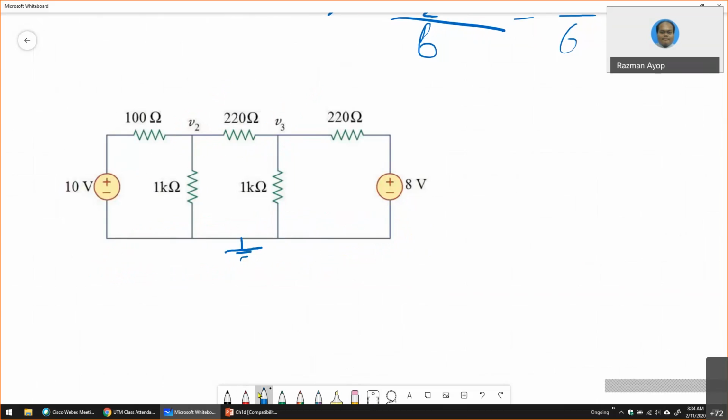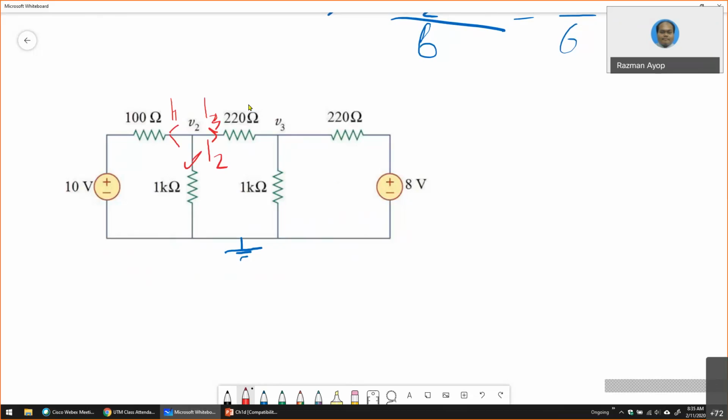So next, what to do is assign the branch current. So remember, if you look at V2, assign the current goes outside. So this one is I1, I2, I3. At node 2 here, you assign I1, I2, I3.